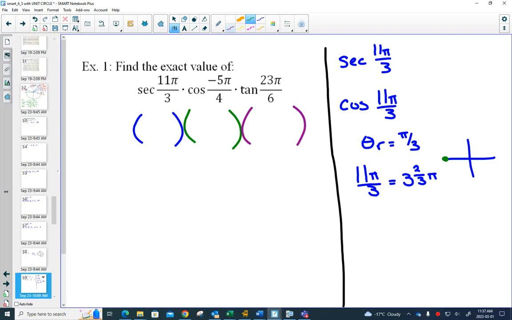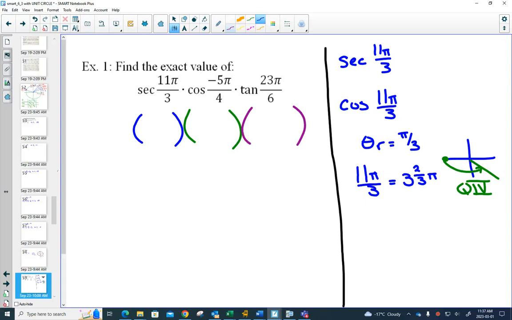We're going in the positive direction. 2/3 is more than half. So this tells me it's in quadrant 4.